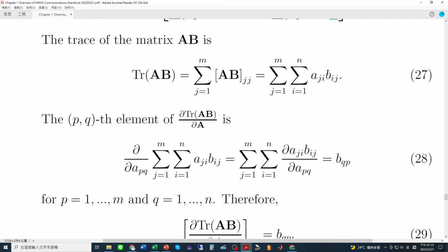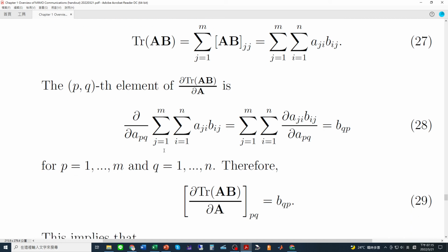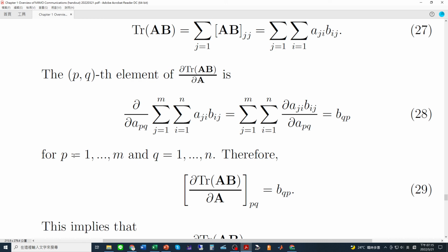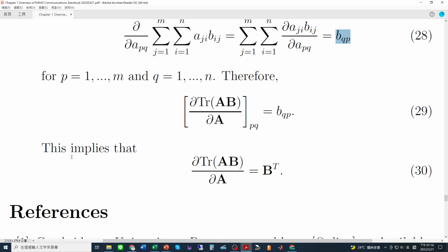So this is equal to Bqp, here for p equal to 1 to m and q equal to 1 to n. Therefore the pq element of partial of trace of A times B over partial A is equal to Bqp. So this implies that partial trace of A times B over partial A is equal to B transpose. Okay, this completes the proof.